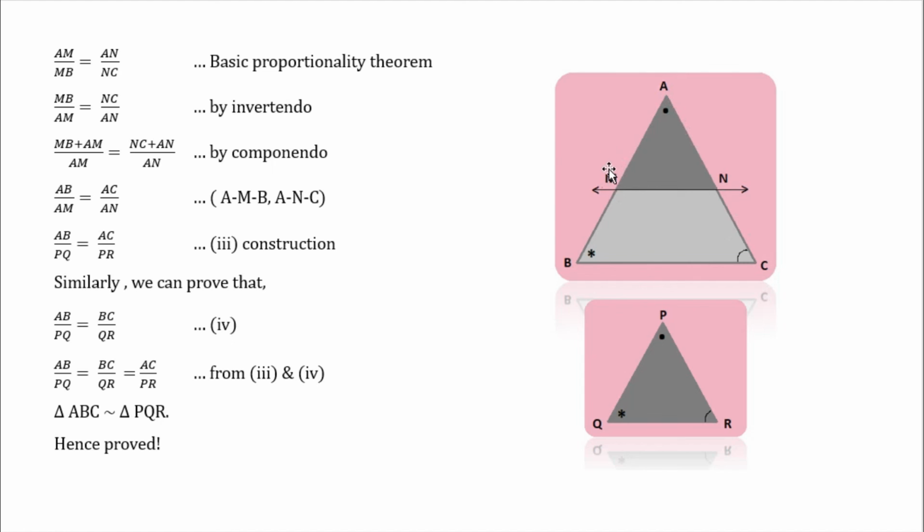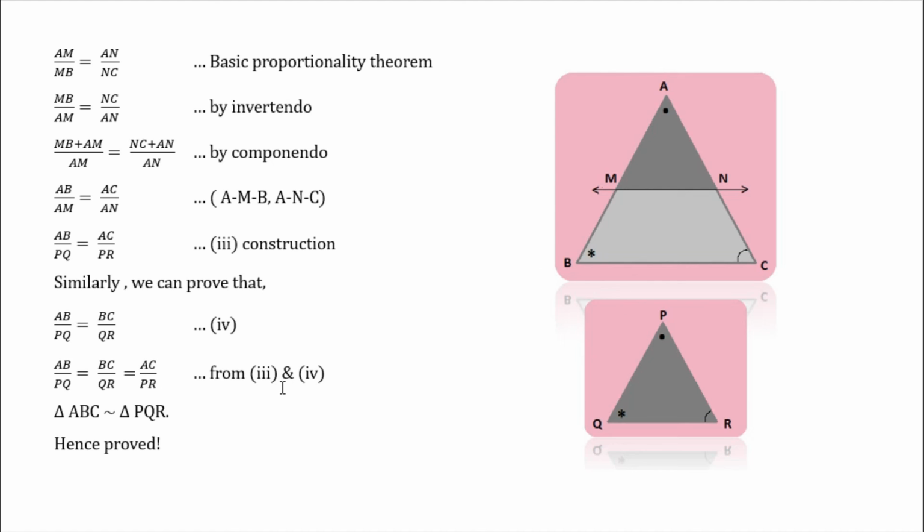In this way, if we draw a line and perform all these calculations, then we will get the equation number 4 result. So finally, from equation 3 and equation 4, the LHS of these two ratios is the same, so the RHS will be the same. Finally, we write AB upon PQ is equal to BC upon QR is equal to AC upon PR.